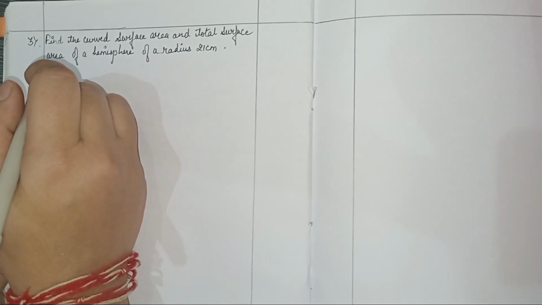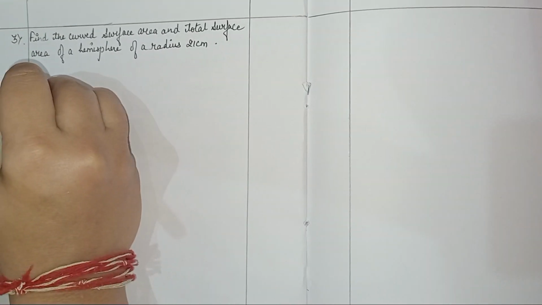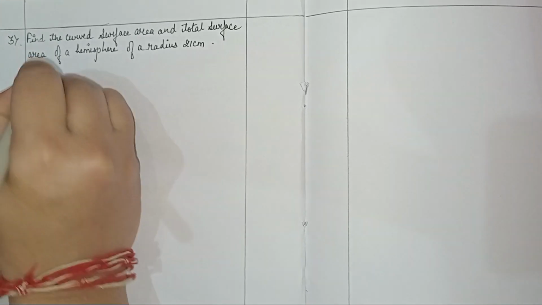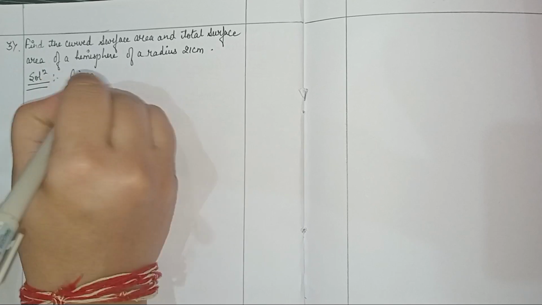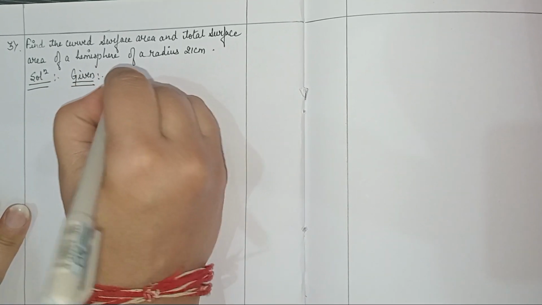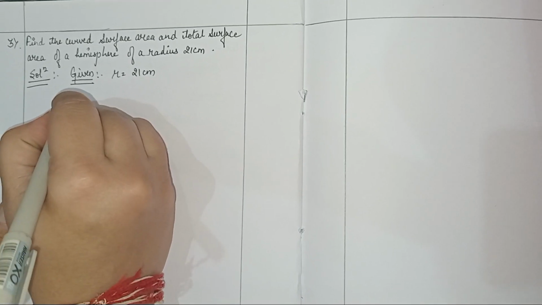Starting with the third sum, find the curved surface area and the total surface area of a hemisphere of a radius 21 centimeters. Solution for it. What is given to you is the radius is given. Radius is equal to 21 centimeters.